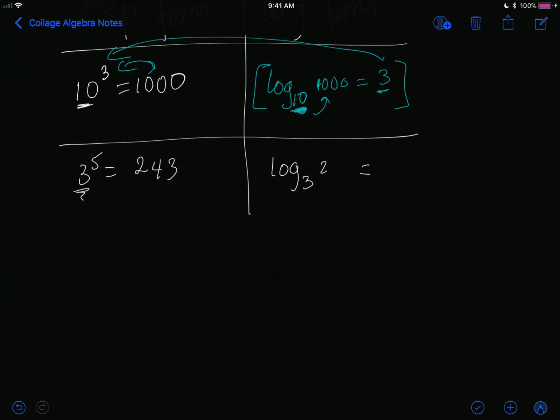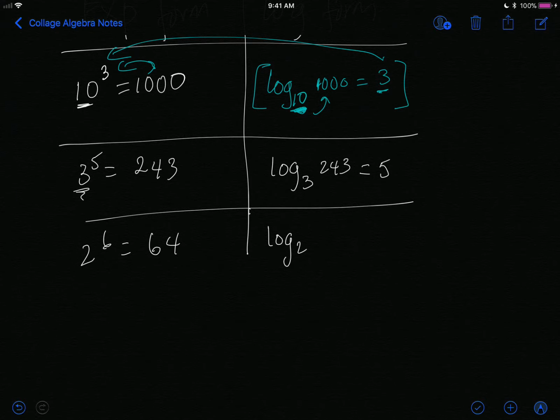Log base 3 of 243 is what power should I raise 3 to get 243? That answer is 5. Alright, one more quick example. If I have 2 to the 6 equals 64, then therefore log base 2 of 64 equals 6.